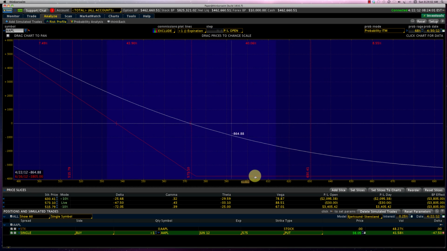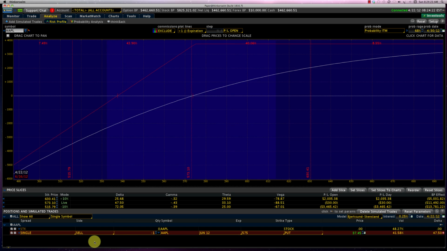Where the buyer has limited losses, you will have limited profits, and where the buyer has unlimited profits, the seller is going to have unlimited losses. So all we need to do to look at it from a seller's standpoint is change this buy to a sell, and you'll see that the graph exactly gets reversed around the x-axis.